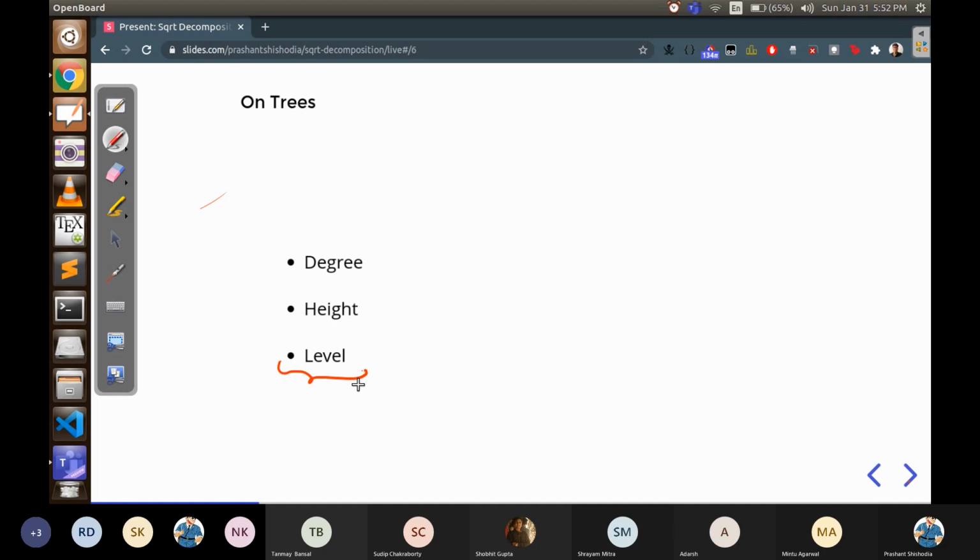Maybe sometime later you may come across a problem where you'll have to do square root decomposition not on degree. Maybe it's a directed graph and you have to do square root decomposition on in-degree, say, or out-degree. So that's on you to look at the problem and figure out how you want to decompose the graph, decompose the structure.